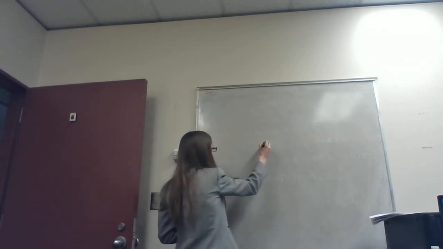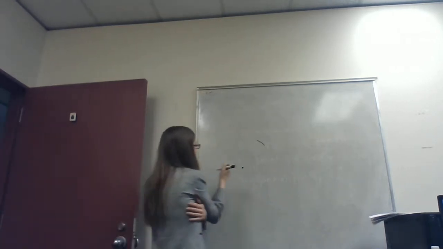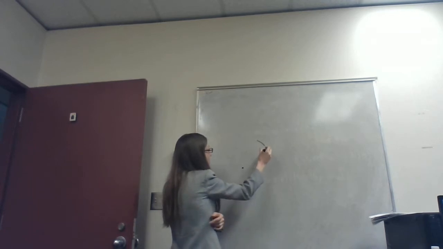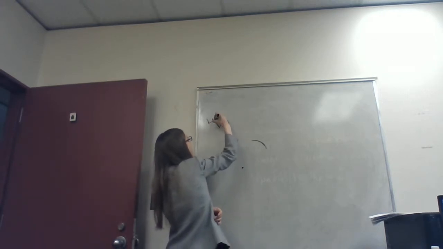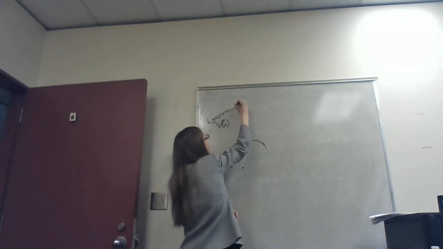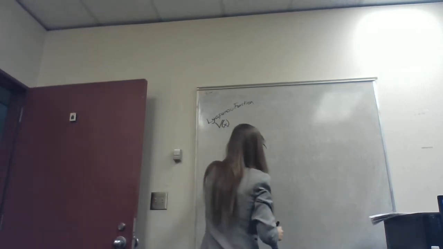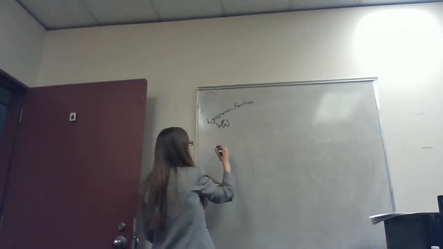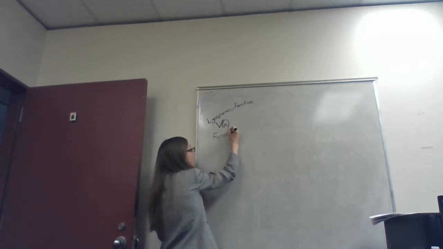So if you imagine, here's the origin. I can have what's called a Lyapunov function. We'll call it v of x. So then you ask, what is a Lyapunov function? It's a function that has some properties.